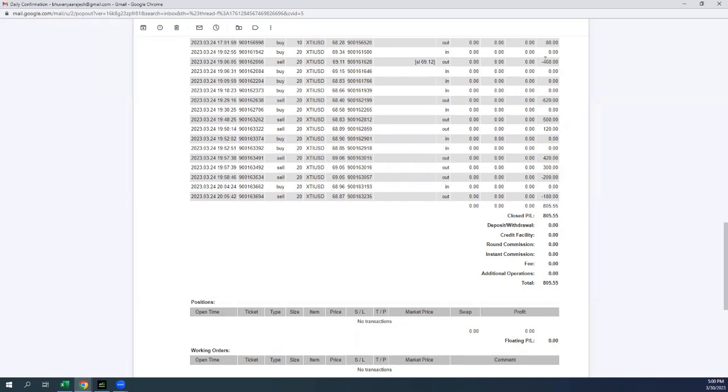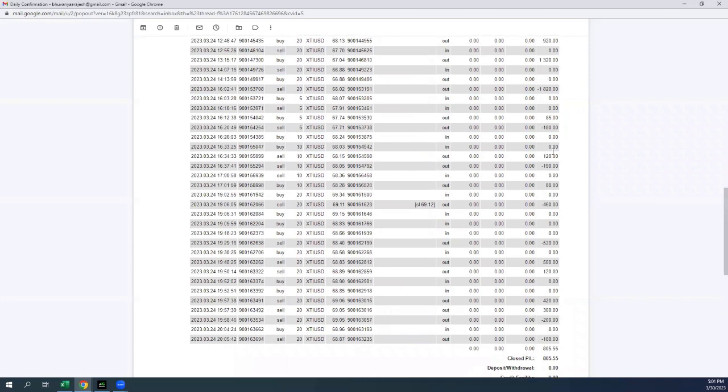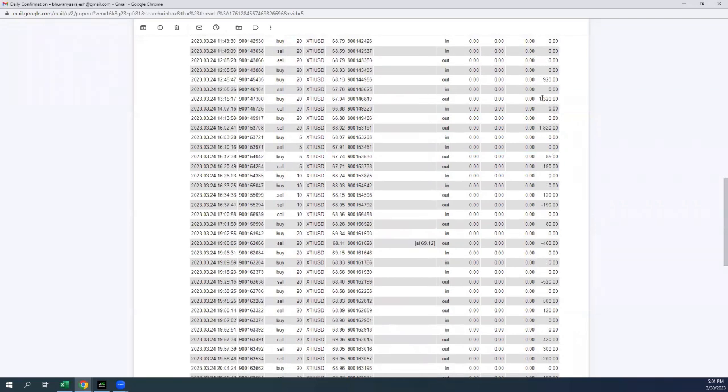Basically, as you can see, I had to close some losses, which were basically hedging calls, and then I made some decent profit later part of the day. Here you can see that I made like 1,320, and then I lost. It's not like a loss; it's a hedge call which I closed at negative 1,820.